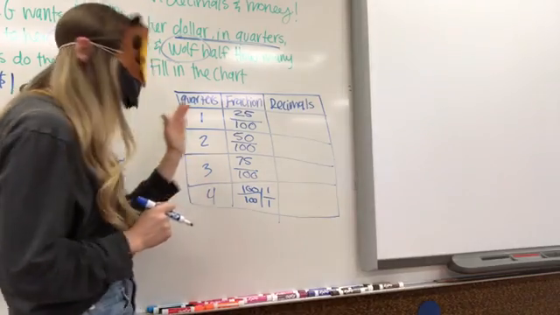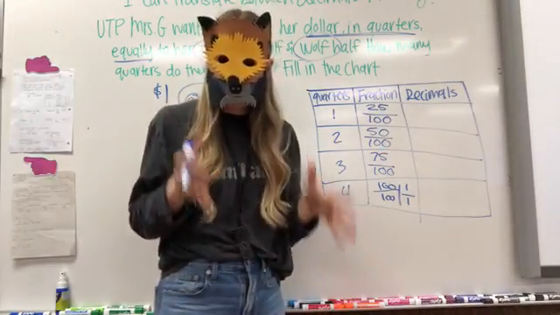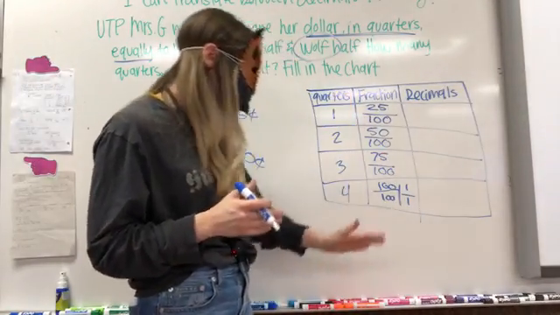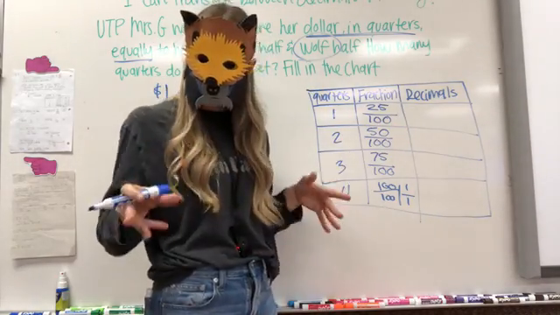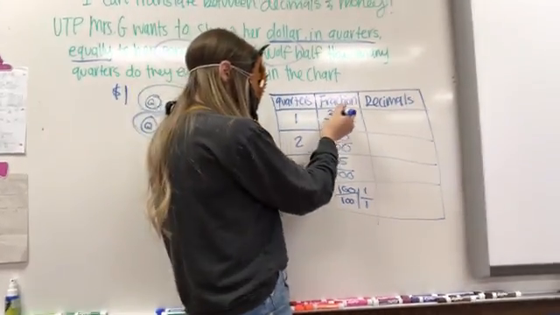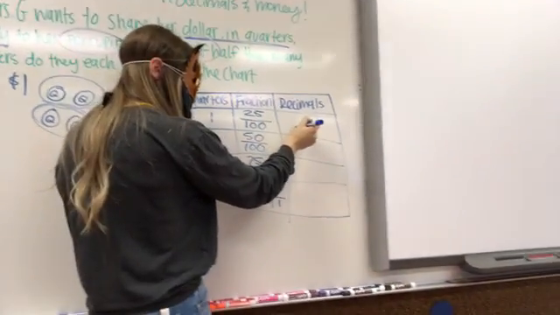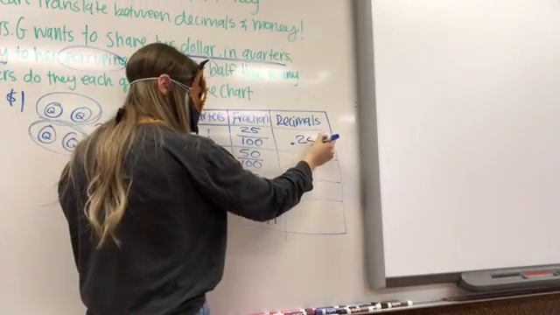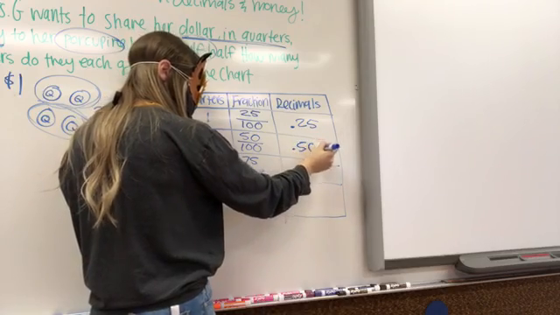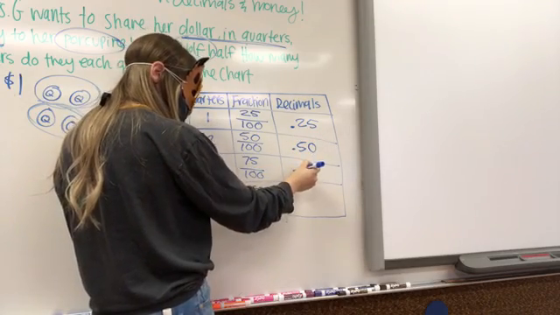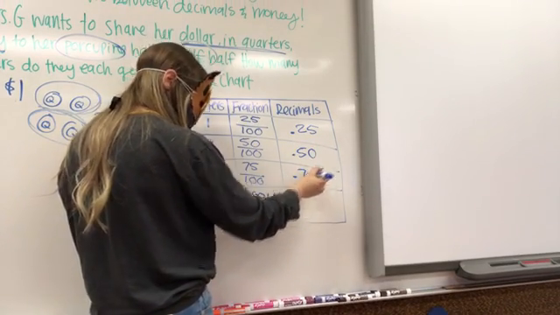As we learned the last few days, we know how to take these fractions and make them into decimals because they're all in the hundredths place. So how do we write 25 over 100? We write 25 hundredths. 50 over 100? 50 hundredths. 75 over 100? 75 hundredths.